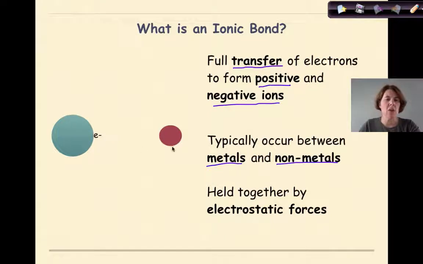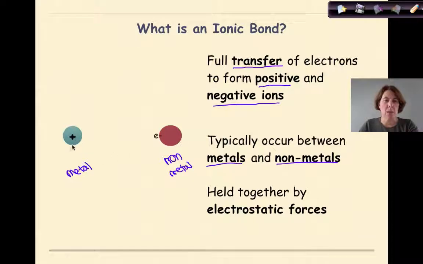If I look at this little animation over here, I have two atoms, and I'm going to say that this is my metal and that this is my nonmetal over here. When they form an ionic bond, the metal is going to lose its one electron, the atomic radius is going to get smaller, and it's going to get a positive charge because it's lost electrons.